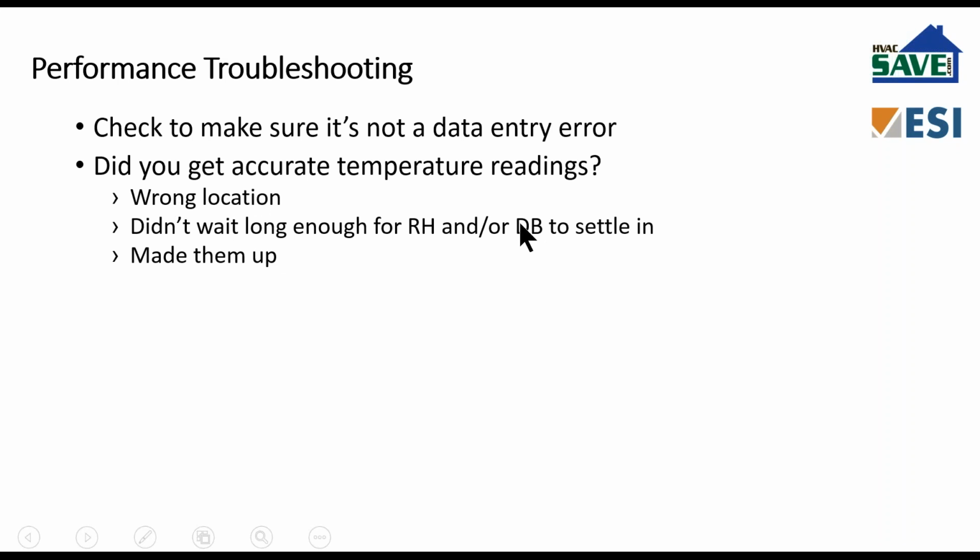Didn't wait long enough. Didn't understand the relative humidity concept of it being higher and highest in the supply. Okay? Or you made them up. In cool mode, you have a more complicated conversion. You have the psychrometric chart with the enthalpy conversion. It is more obvious when you're making temperatures up.